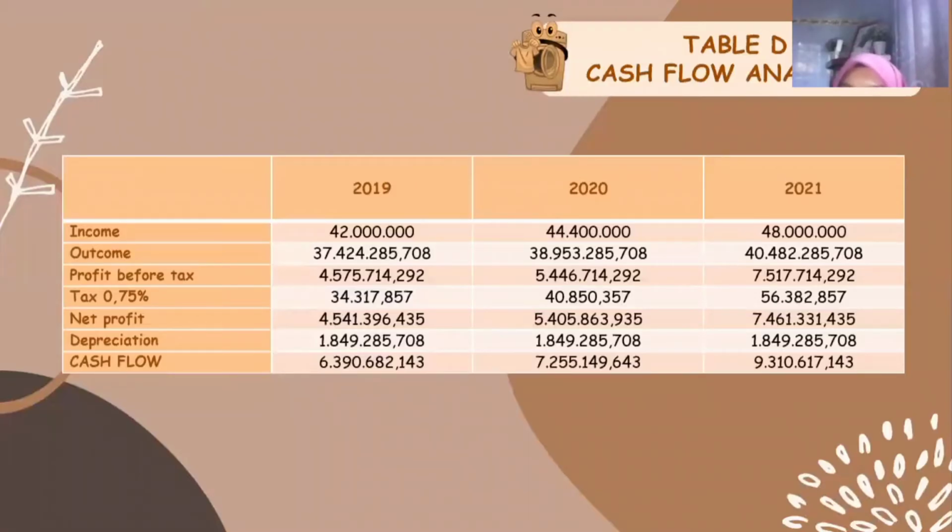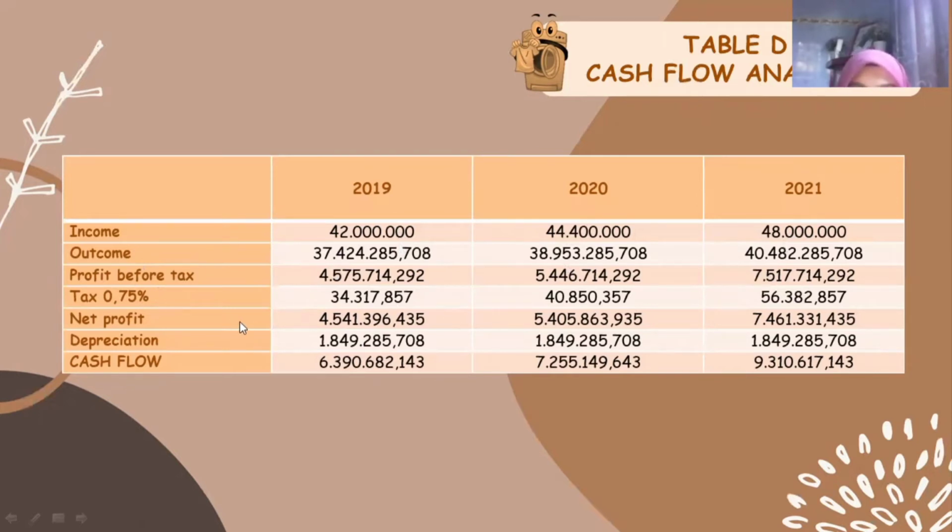And then we have the table D about cash flow analysis. We have income from each year and outcome from each year. And then profit before tax and tax 0.75%.